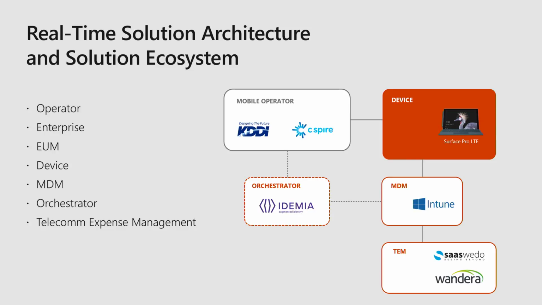In terms of mobile operators, KDDI and C Spire have committed to commercialize this with us. There are other mobile operators that we are working with. We're still working on the details of commercialization. That's why we can't quite make an announcement on who those are yet. But these are the ones that we were blessed to talk about today.